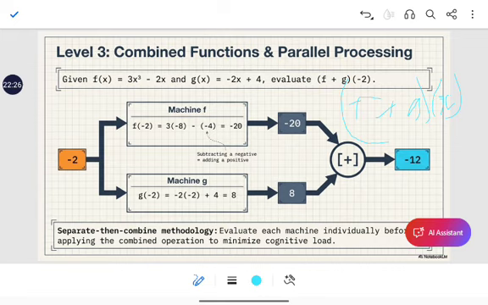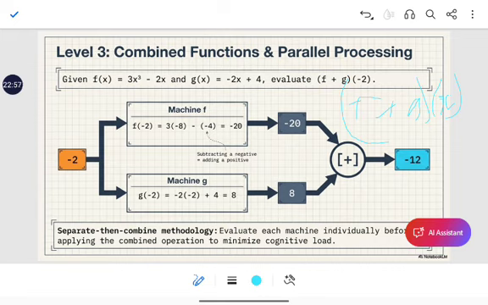What we are saying is that we have f of x plus g of x. So what do you do? You solve for f of x, then you solve for g of x, then you add the values.